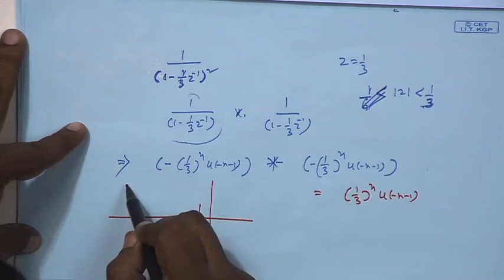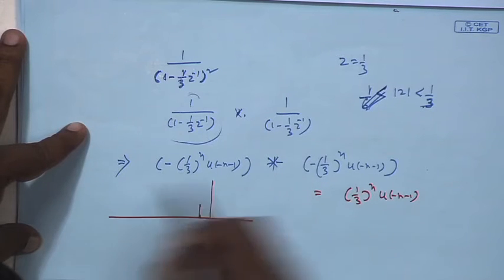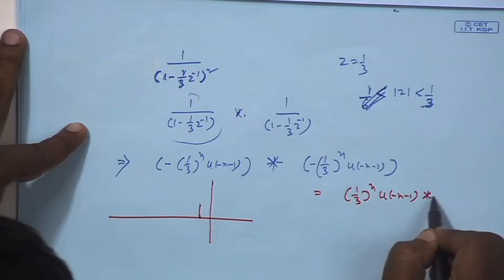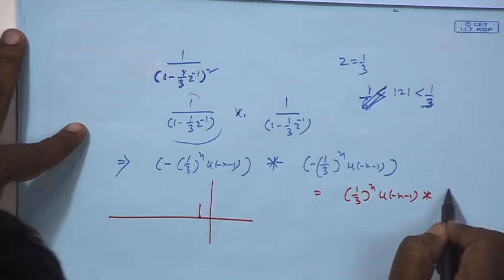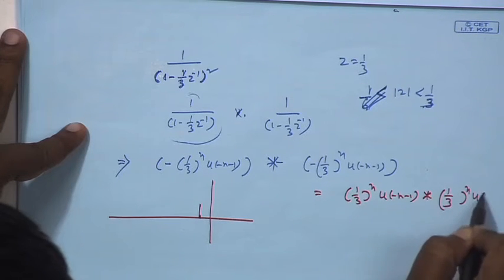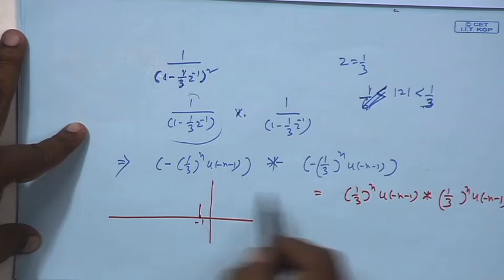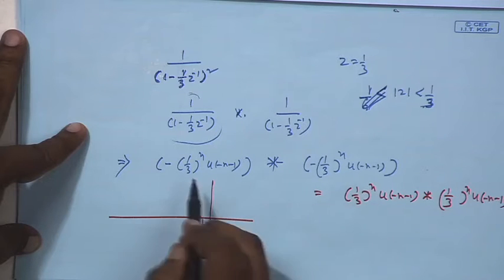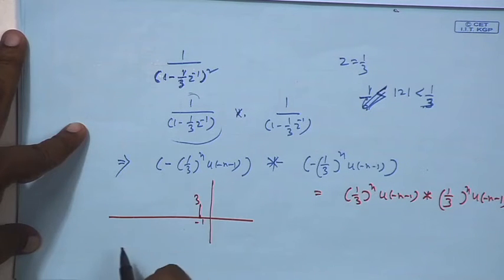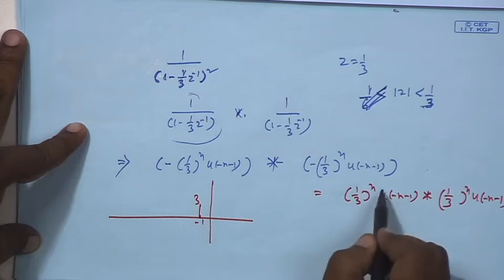This minus is for all samples, minus minus plus, so forget minus. So, it starts at n equal to minus 1 onwards. At n equal to minus 1, it will be 1 by 3 to the power minus 1, that is 3.